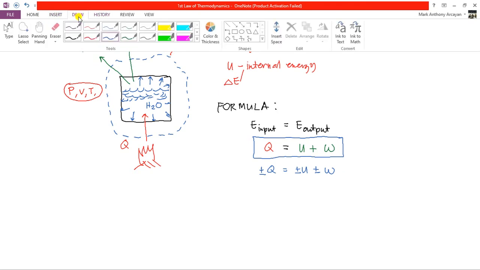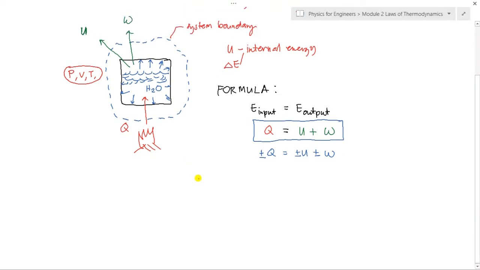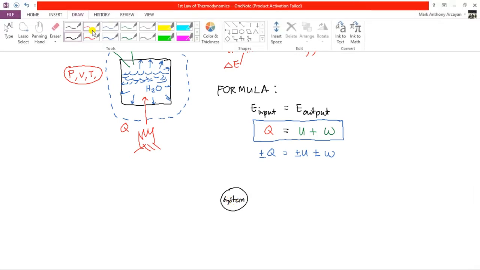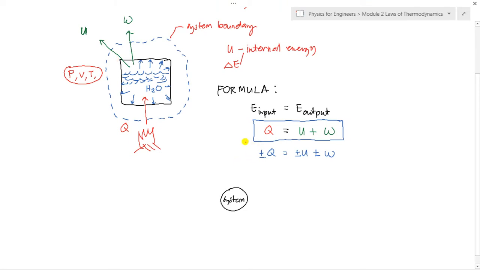Again, let's have another example of our system. Let's say this is our system, and let's say our system is the working substance nga water. So if ever, di ba, ang basic nga formula for the first law, that is Q equals internal energy plus work. So kanus-a man mag-negative si Q?